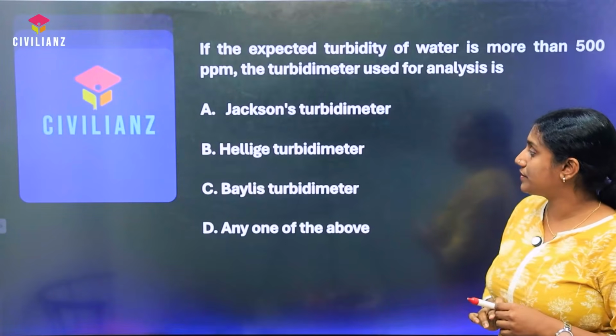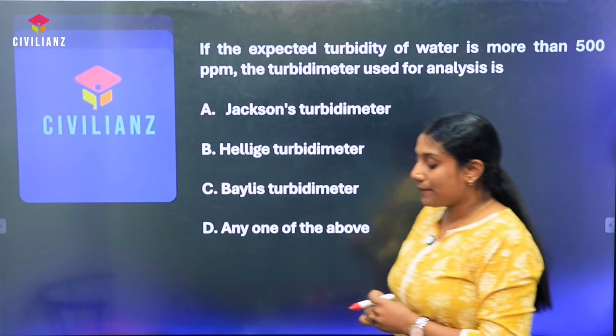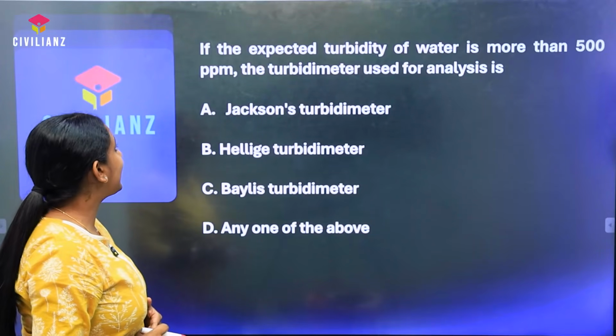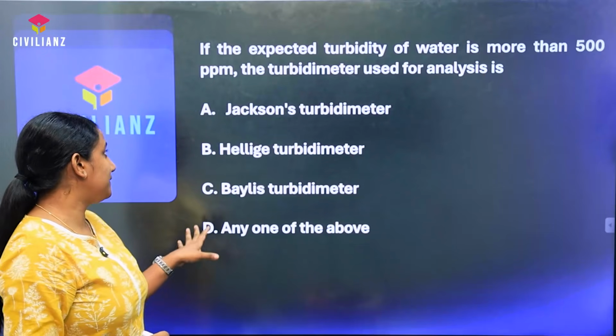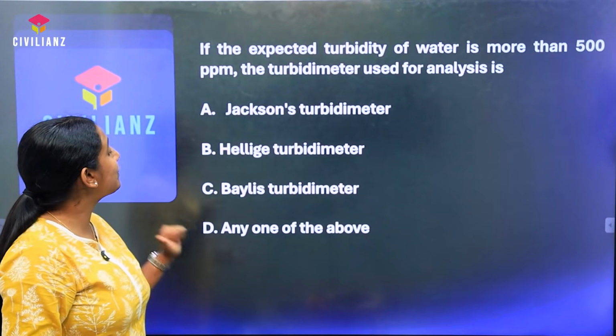Can you go to the next question? If the expected turbidity of the water is more than 500 ppm, which turbidity meter is used for the analysis? Jackson turbidity meter, Helios turbidity meter, or Bayes turbidity meter, any one of them.